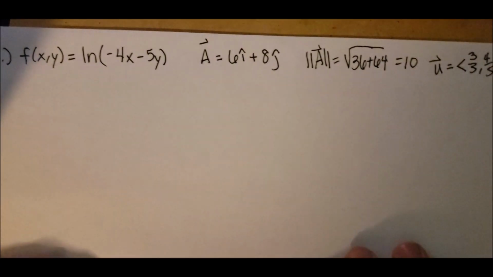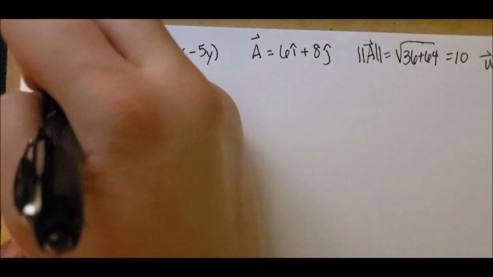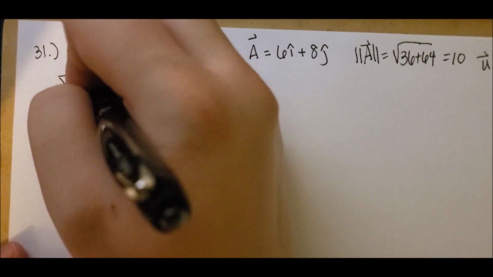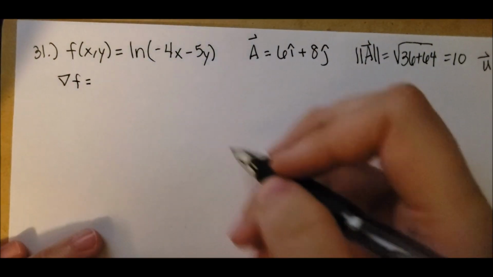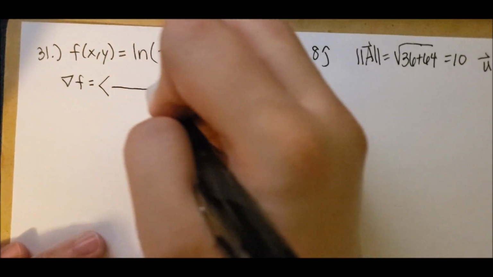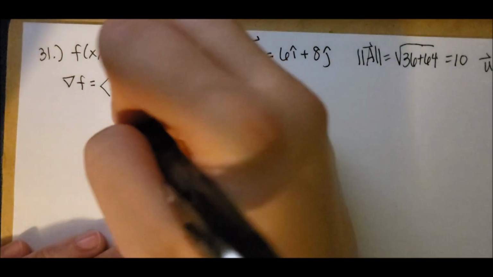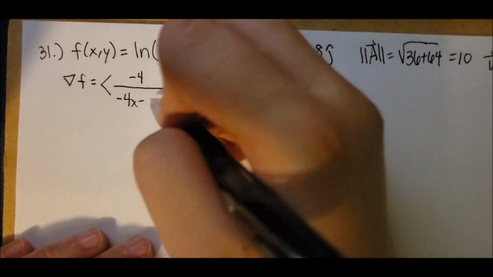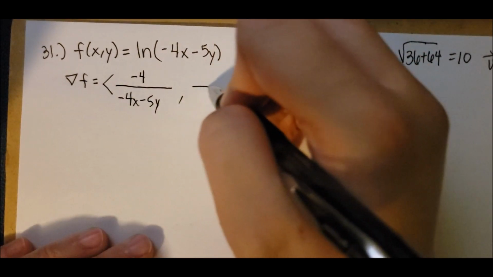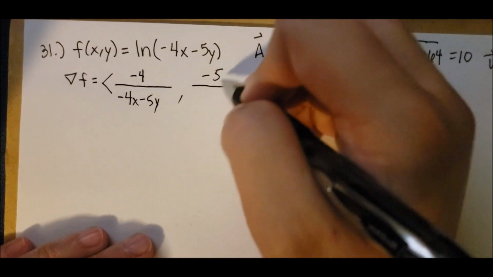So I'm going to find the gradient of F. With respect to x, I'm going to have -4, -4x minus 5y in the y direction.